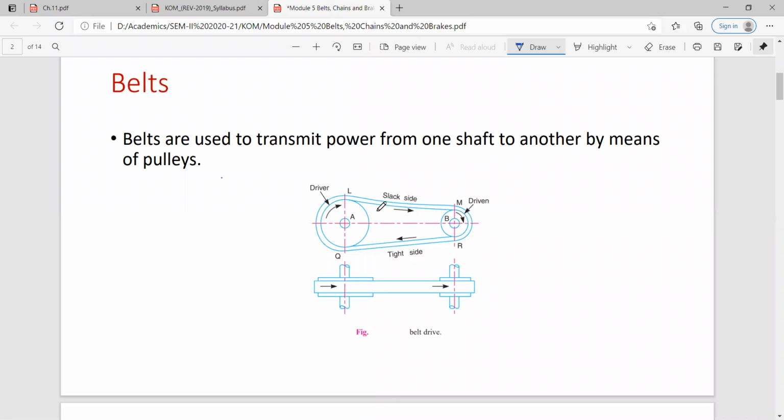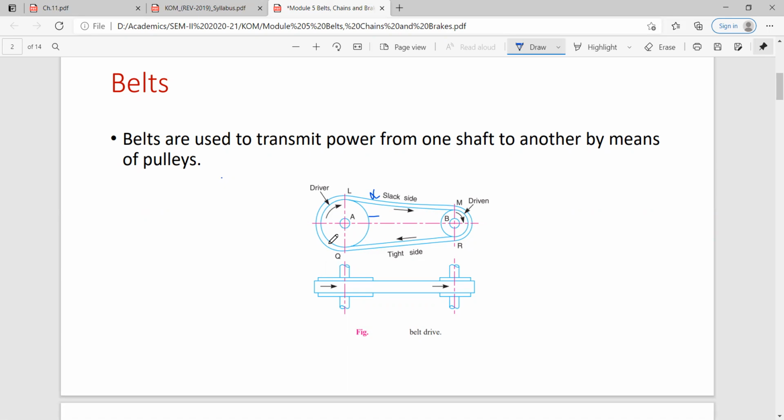You know that there is a sufficient amount of friction present between the pulley and the belt. Because of this friction, when the pulley rotates on the driving side, it also carries the belt with it, because there is a connection between pulley and belt because of the friction present.